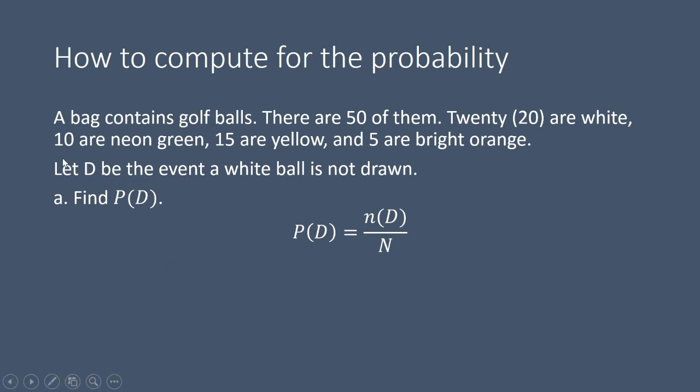You have 30. 30 of the outcomes in the sample space are events when the color of the ball is not white: 10 plus 15 plus 5, that's 30. So P of D is equal to 30 over 50, or 3 over 5. That is the probability that the ball that you will get from the bag is not white.